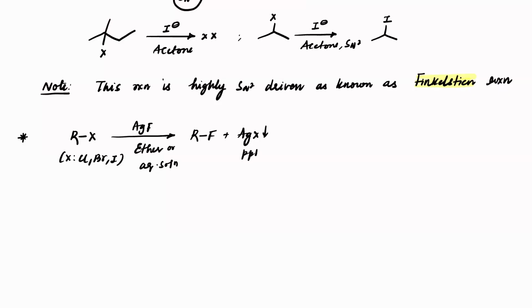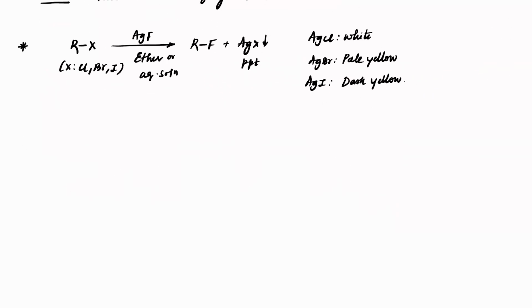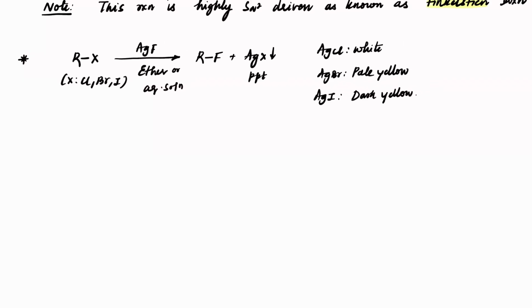AgX will also form a precipitate. If it is AgCl, it is a white precipitate. AgBr is a pale yellow precipitate. If it is AgI, it is a dark yellow precipitate. So this is a reaction that happens.